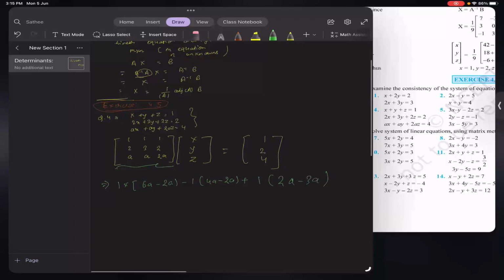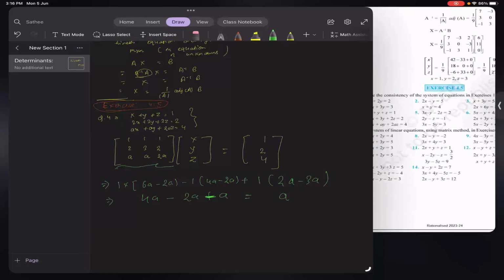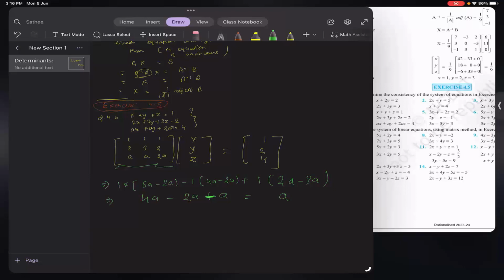So this is 4a minus 2a minus a, which equals a. This is our final case, and it depends on whether a is 0 or non-zero.